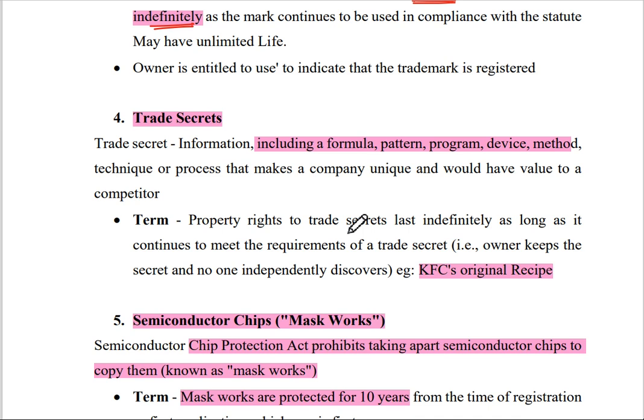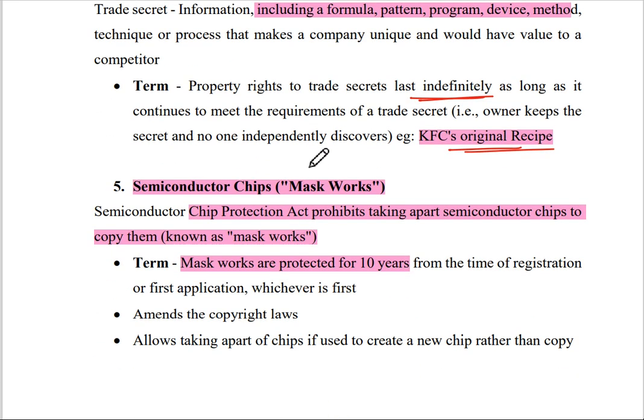Trade secrets are certain information: formulas, patterns, programs, devices, methods. Property right to trade secrets lasts indefinitely, such as KFC's original recipe.